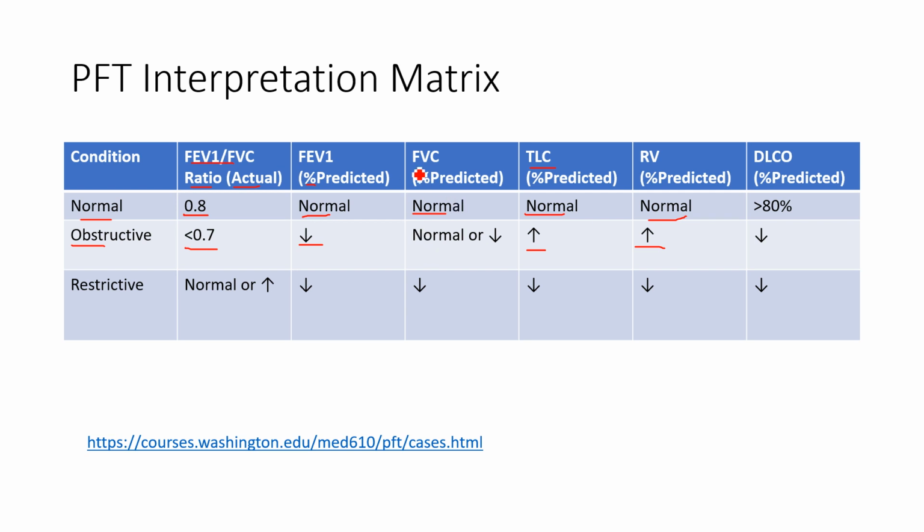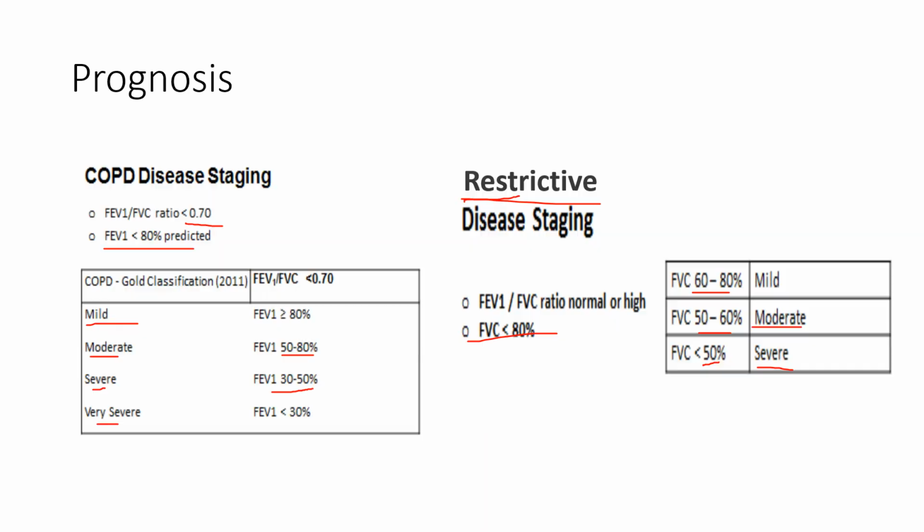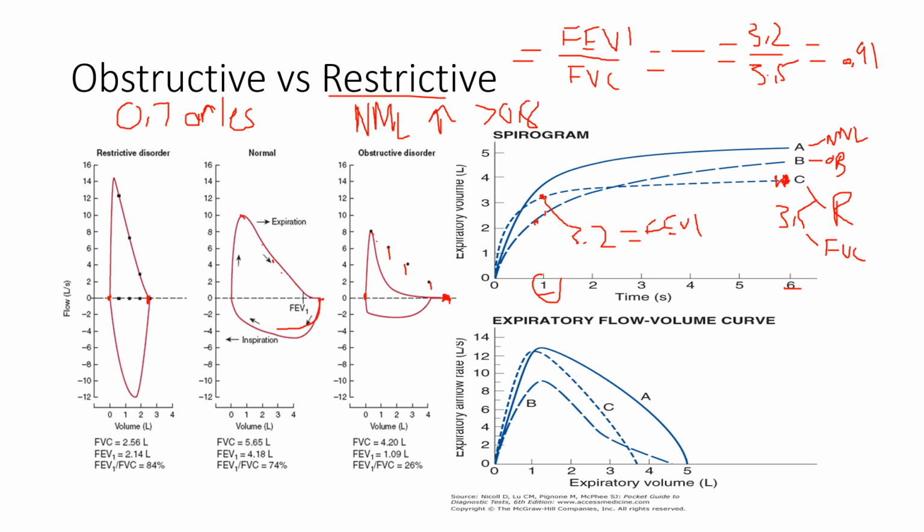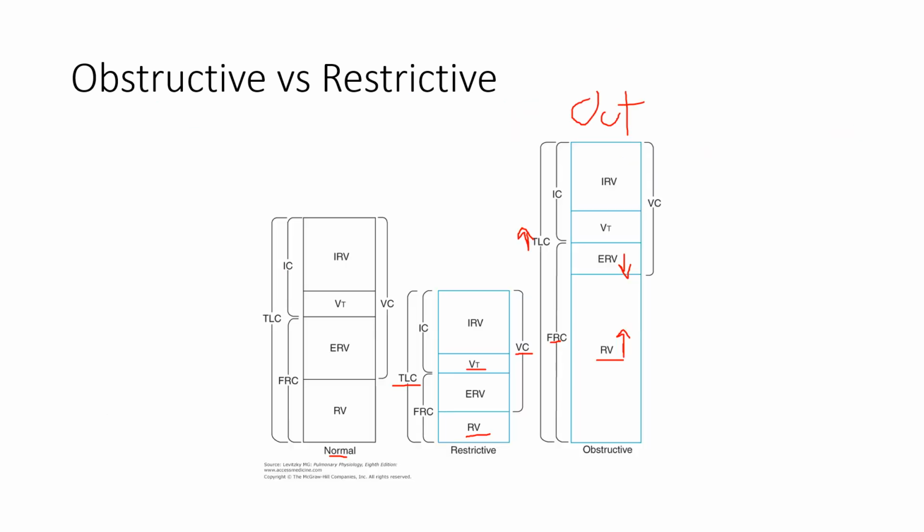I mentioned FVC. Again, in obstructive defects, FVC is usually preserved. If we go back to our plot, if we give them enough time, they're able to get all that air out. Their issue is just that velocity equation. They don't have enough time. But if they are given enough time, FVC is usually normal.